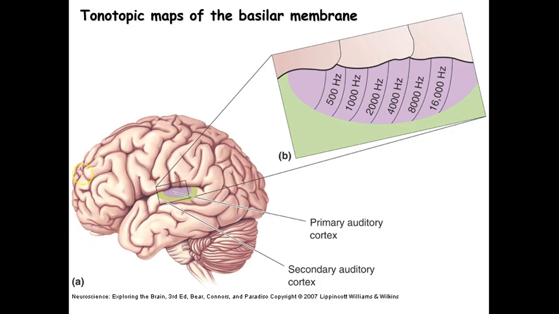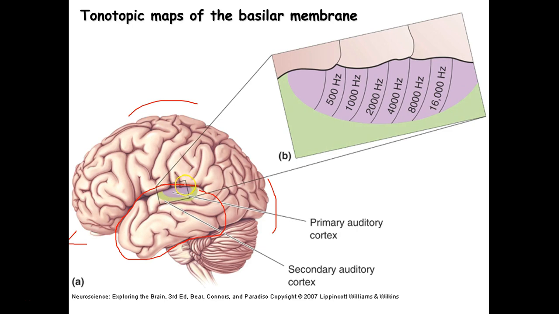And here it is. This is the sagittal view of the brain. The nose would be right here. The back of the head is here. Here's the top of the head. This is the temporal lobe shown here, and within the temporal lobe is the primary auditory cortex.